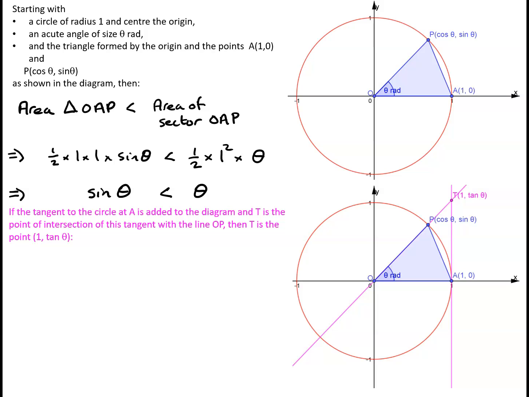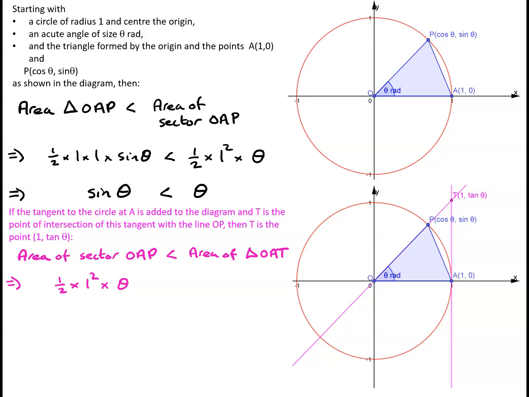And we can say that the area of the triangle OAT is definitely going to be bigger than the area of the sector OAP. The sector OAP has area of a half times 1 squared times theta, as before.